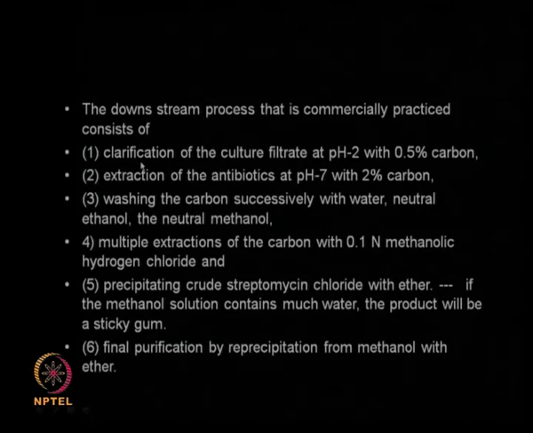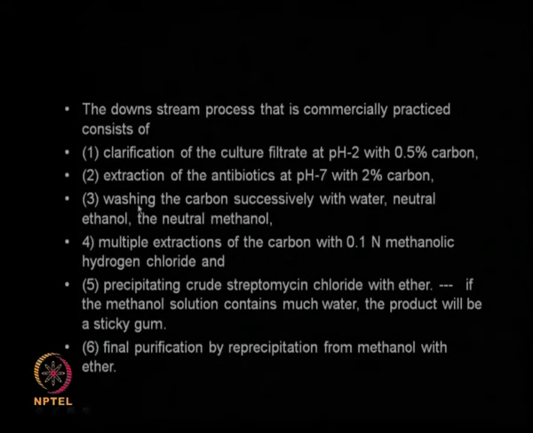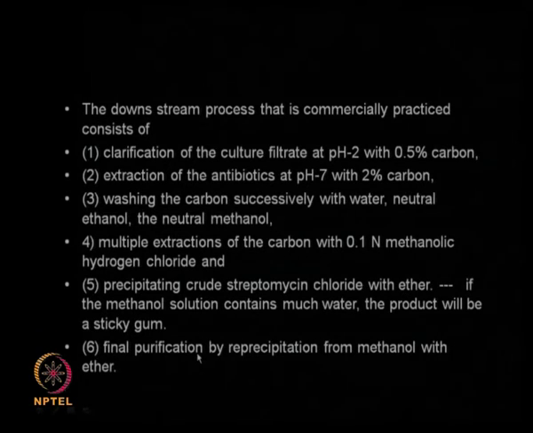First you are clarifying, meaning you are removing the floating solids, and then you are extracting, and then washing the carbon several times with water, with ethanol, with methanol, and then you are adding hydrogen chloride and then precipitating it out, and then finally you are purifying using ether from the methanol. So, this leads to a pure product of streptomycin.